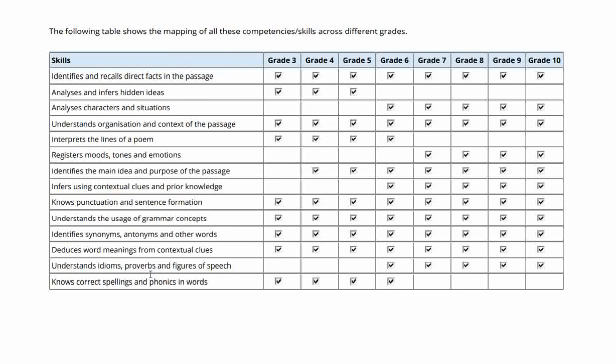Understands idioms, proverbs, and figures of speech. That means you should be able to understand hyperbole. Knows correct spellings and phonics in words. This is tested only in the junior classes.